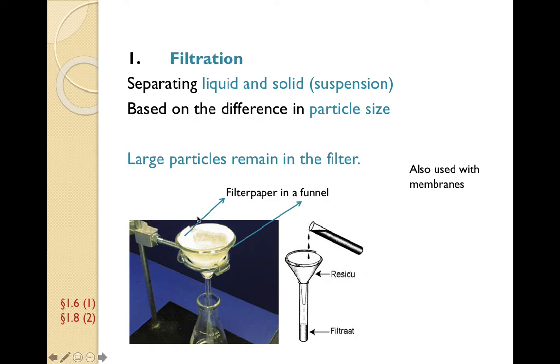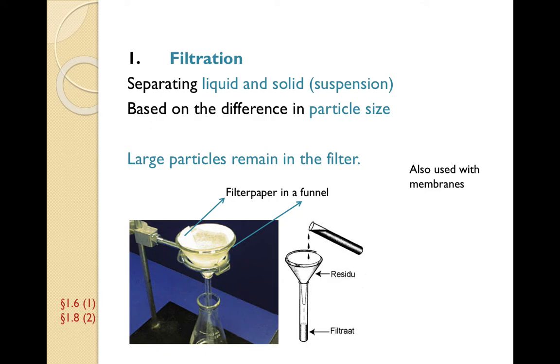And as I said, there are a number of keywords. You'll use a funnel to do this with a filter paper. This is if you do this in the lab, of course. In a production environment, this will happen at a much larger scale, and they'll use sieves with a very small mesh size.